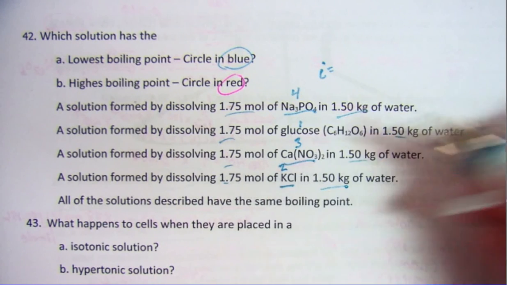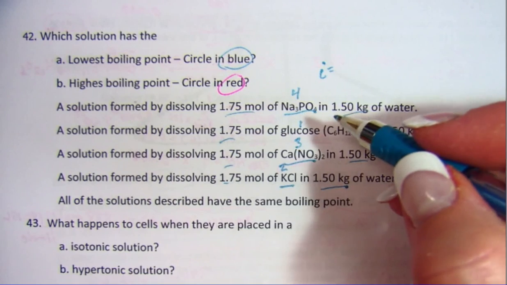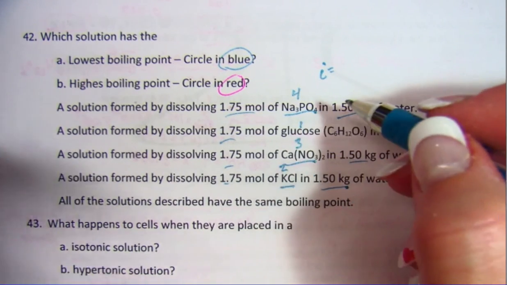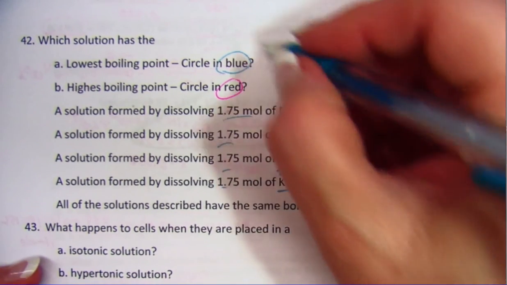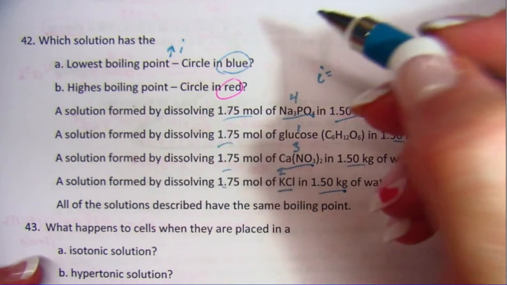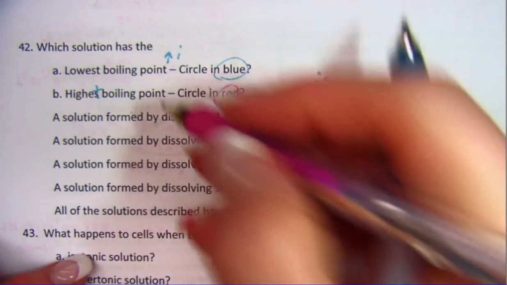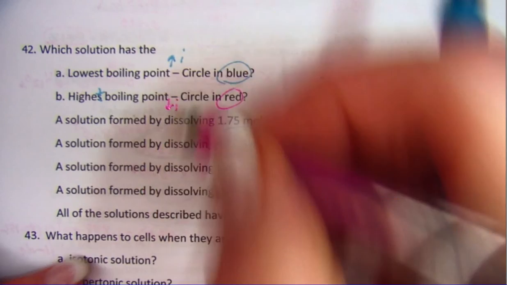This one, 2. So the lowest boiling point is going to be the one that has the highest i. So lowest boiling point has the highest i.